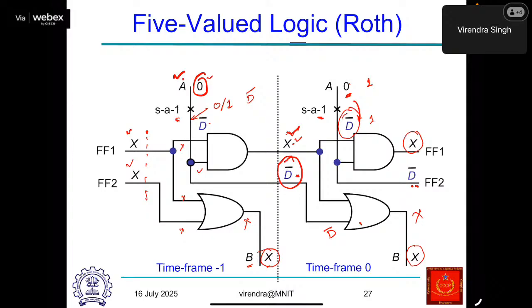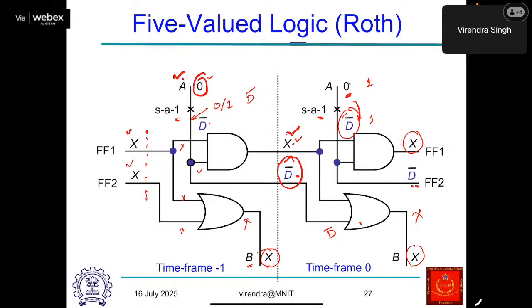It is not an untestable fault. I'm saying combinationally. But then what went wrong? If combinationally it is testable, the output is going to another flip flop, and this fault effect remains with the flip flops. The only thing is we are not able to propagate this to the primary output.